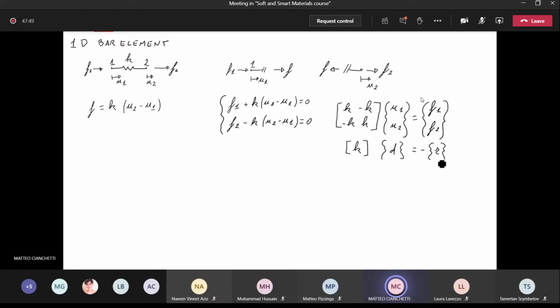So, what are these guys? As I said, K, no, I didn't say it. K is the element stiffness matrix. It's defined like this.